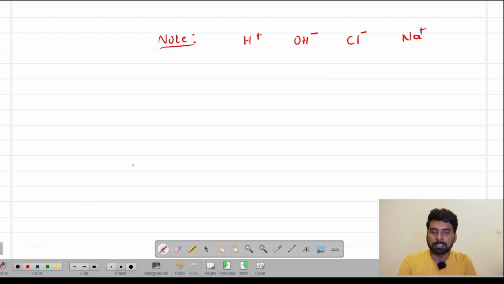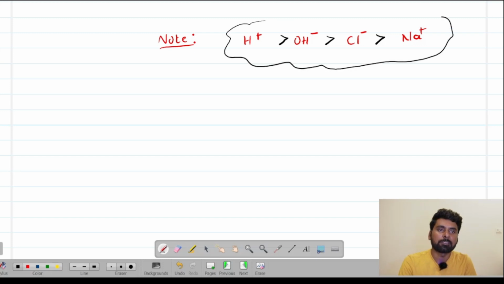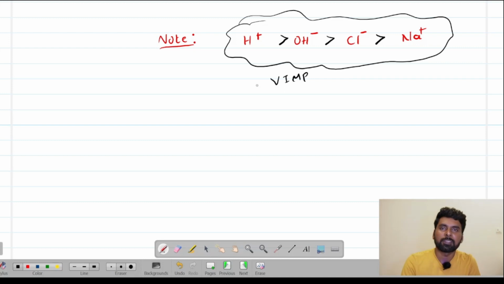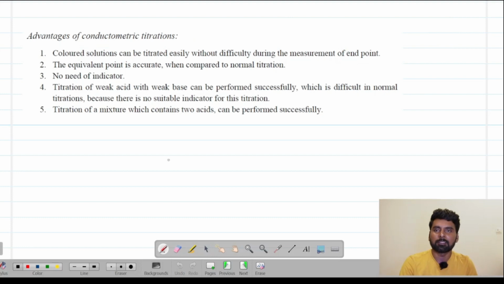The mobilities are in this order: H plus greater than OH minus greater than Cl minus greater than Na plus. Very important data. Related to conductometric titrations, this is a very interesting point you can remember. As an extra, I wanted to give this additional topic.